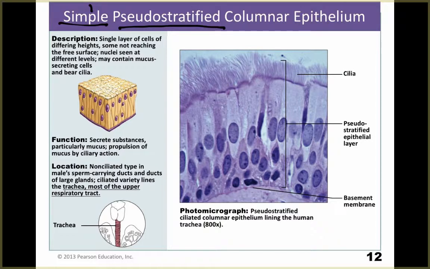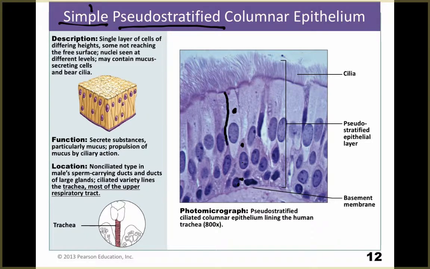And pseudostratified, what did pseudostratified mean? Hopefully you realize stratified meant more than one layer, right? Pseudo, like pseudoscience, not a real science, not really more than one layer. So if you look at this, it looks like there's layer, and layer, and layer, but it's not.